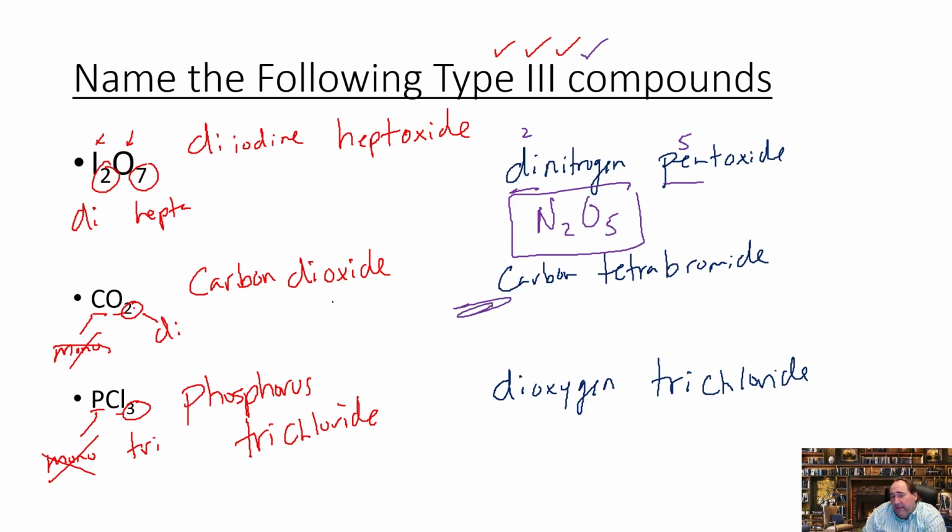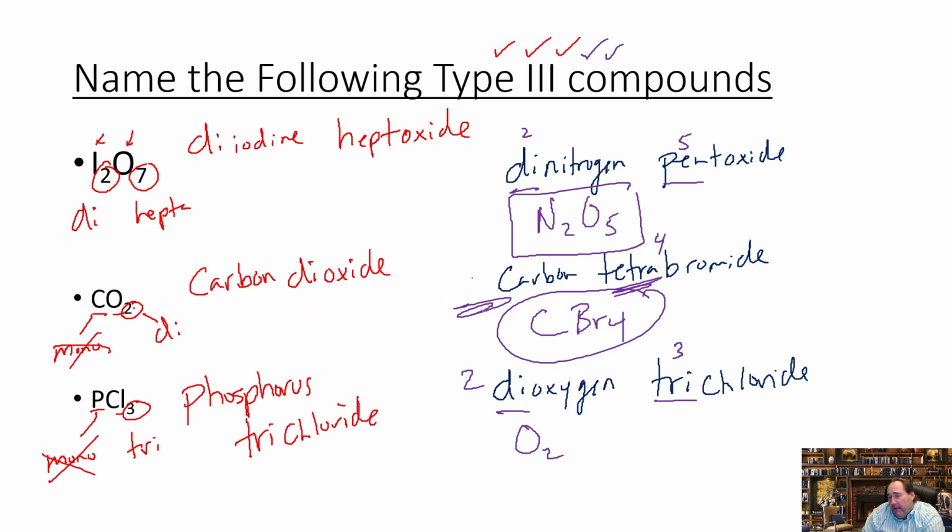I see no prefix here, but I do see one here, and that tells me that this guy, the only time we don't use a prefix on the first name is when it's mono. So that means I just have one of those, so that's a C. Tetra is 4, and bromide is Br, so boom, done. Prefix, type 3. Di is 2, oxygen is O, so that's an O2.